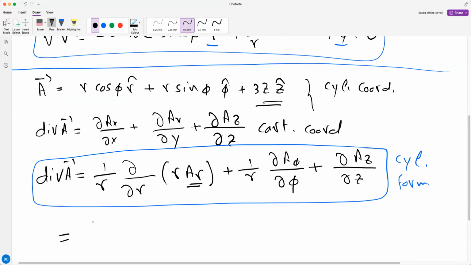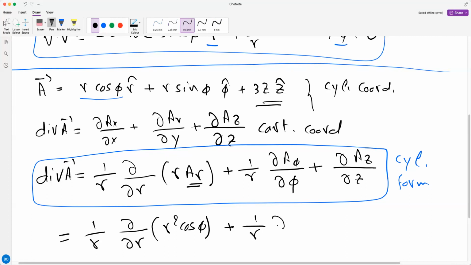Okay, let's apply it to this. Here it will give me 1 over r, the derivative of r times the component of this vector along r, which is r cosine phi, so it will be r squared cosine phi, plus 1 over r, the derivative with respect to phi of the phi component, which is r sine phi, plus the derivative with respect to z of the z component, which is 3z.